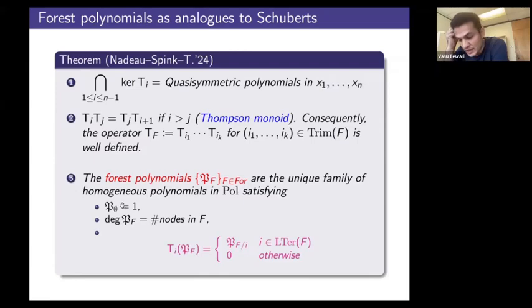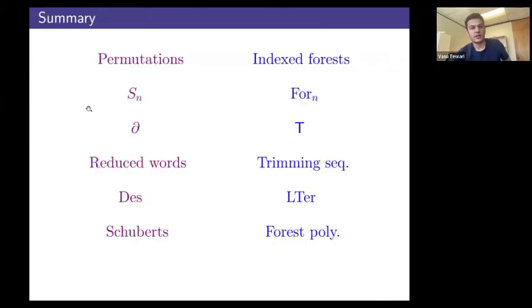And the exact parallel to the Schubert statement: forest polynomials are the unique family which satisfies those 3 conditions. The empty forest gives you 1, the degree is the number of nodes, and these T sub i's act to give zeros or forest polynomials obtained by trimming a forest. Okay, so that's 3 things that we can emulate from the classical story. There's more, but let me just give you a summary so far.